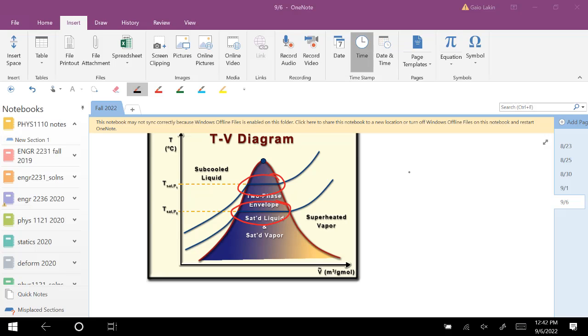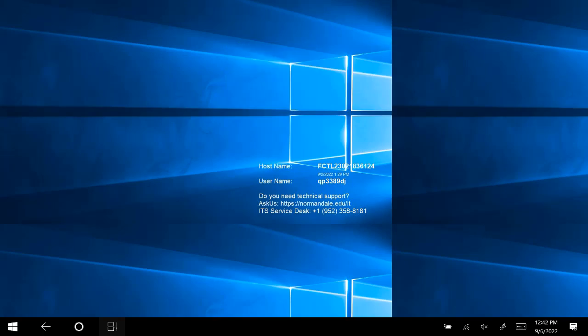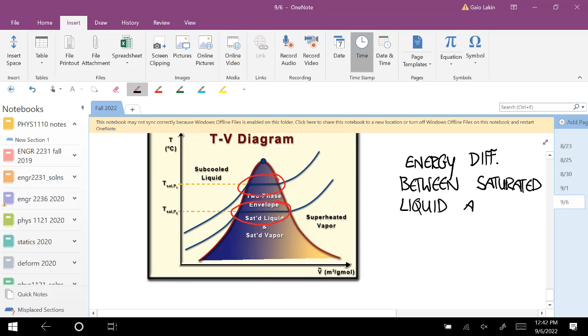And the energy difference between a saturated liquid and a saturated vapor is called the latent heat.